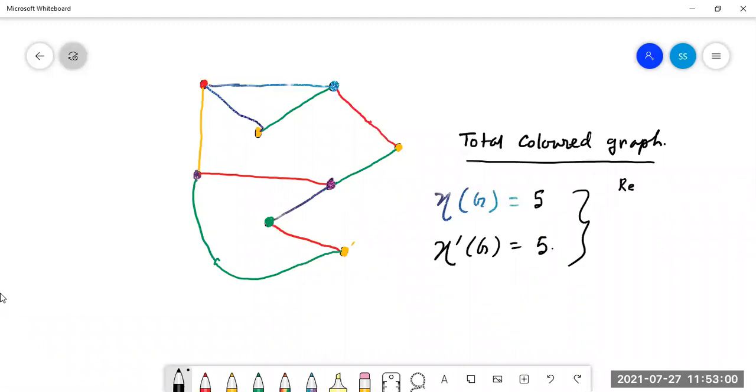What are the colors taken? Red, green, yellow, rainbow, galaxy. These are the colors, isn't it?